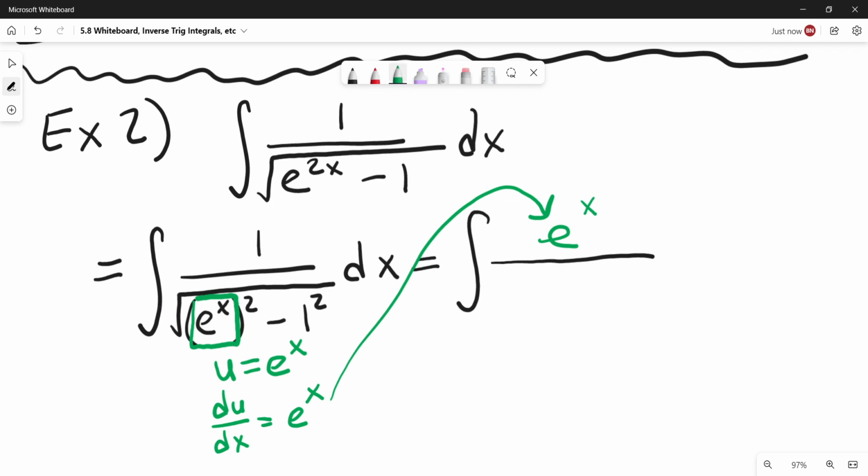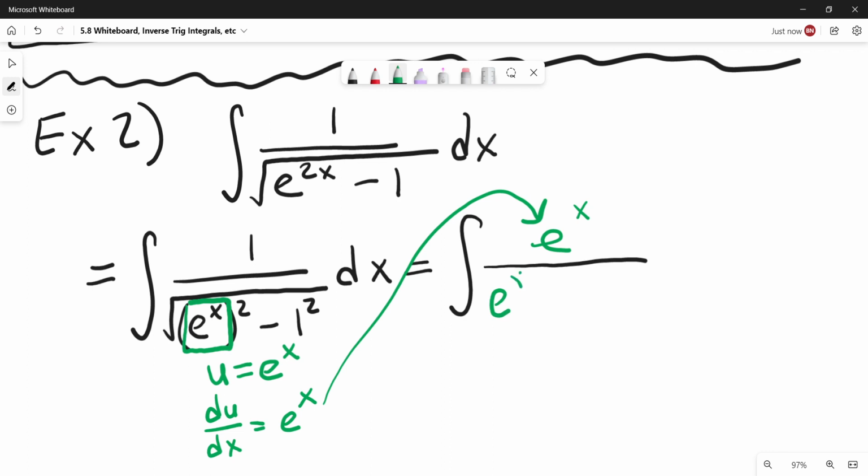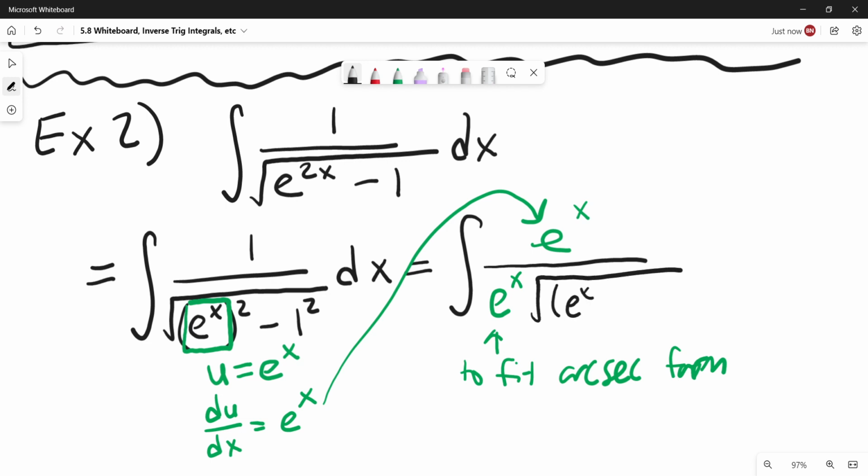So to fit the arcsecant form, we also need this here. So we need e to the x there, in addition to having what we had here, e to the x quantity squared minus our a squared dx.